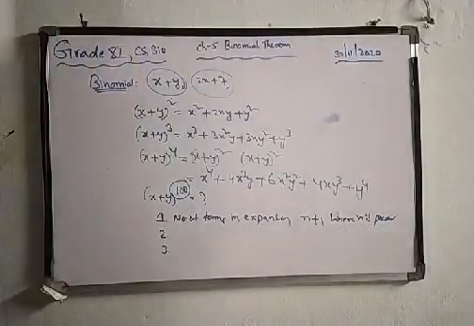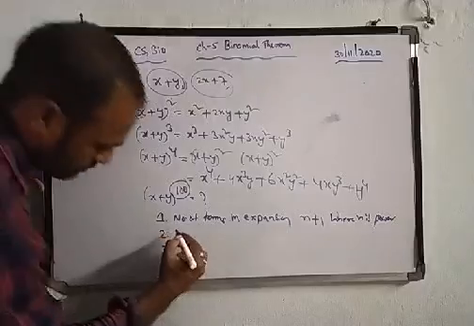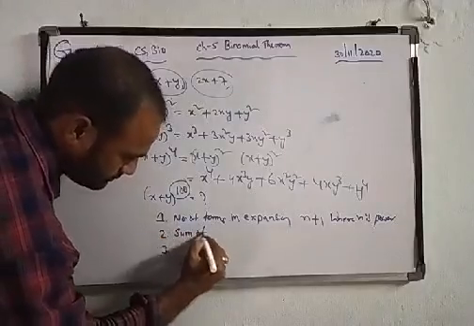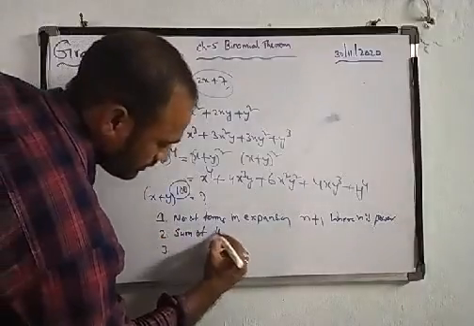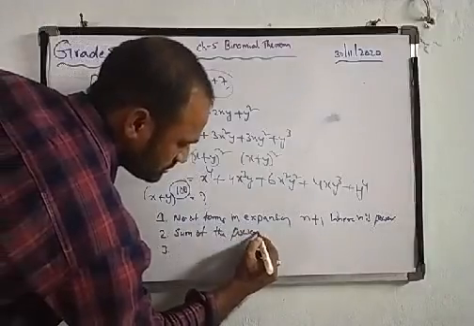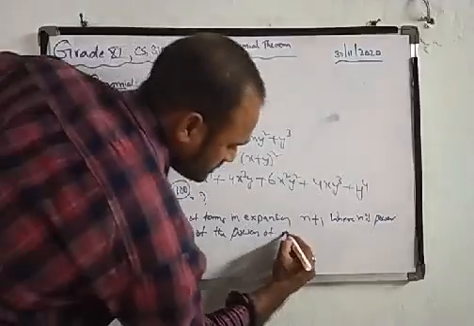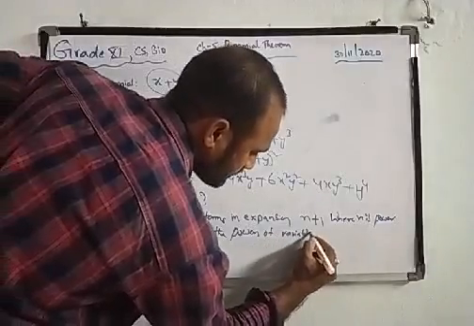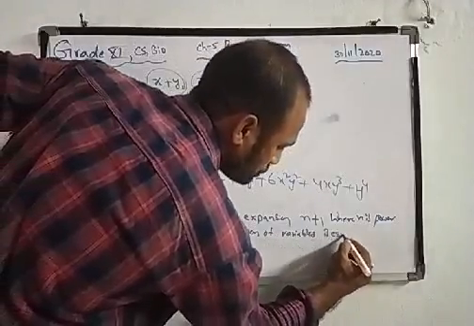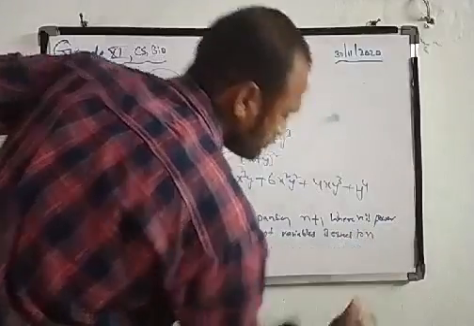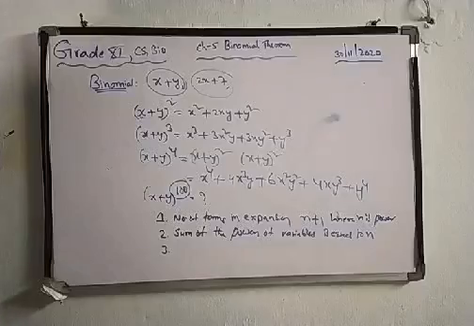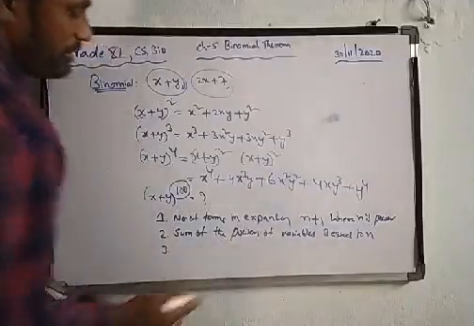Next, the second point is that the sum of the powers of the variables is equal to the n value. Let us try to understand the sum of the powers of the variables.